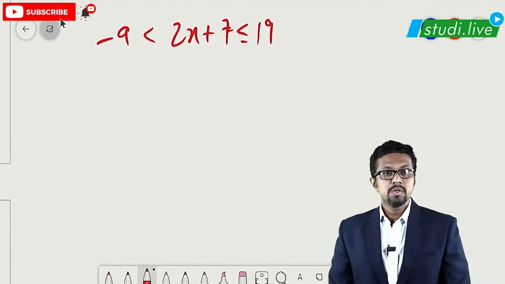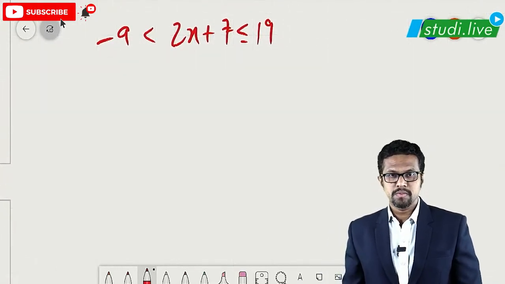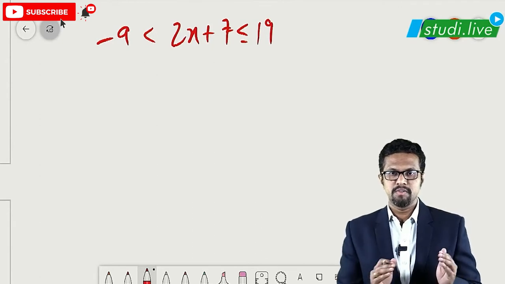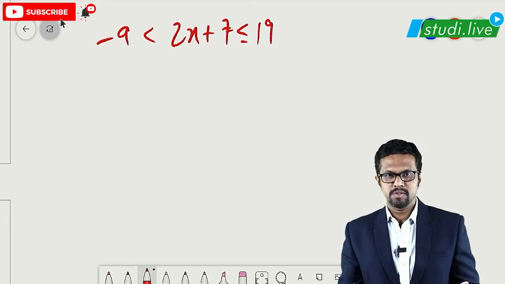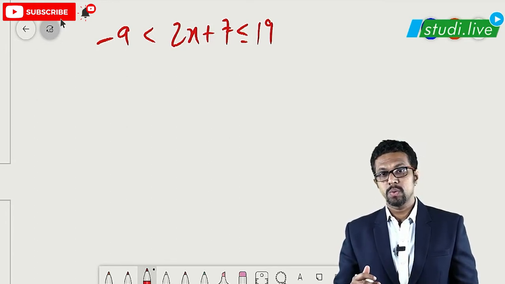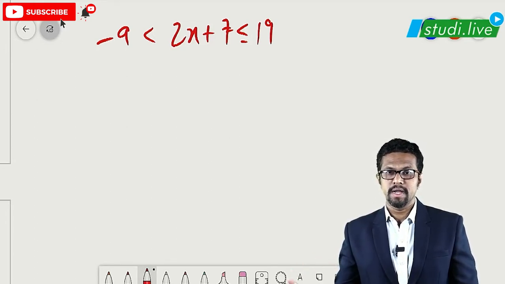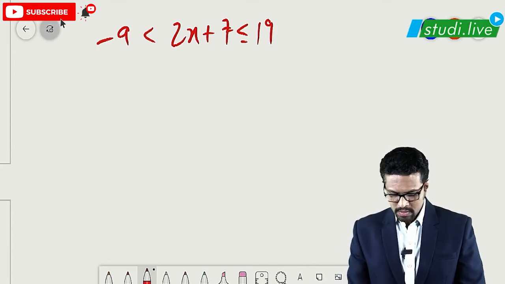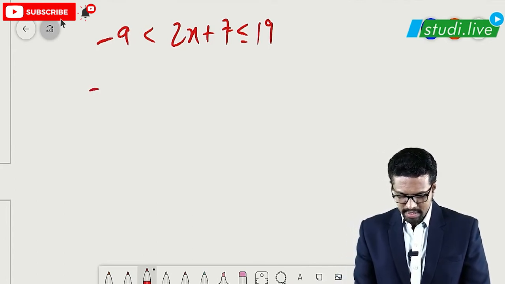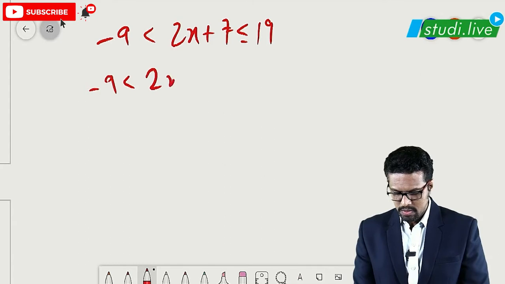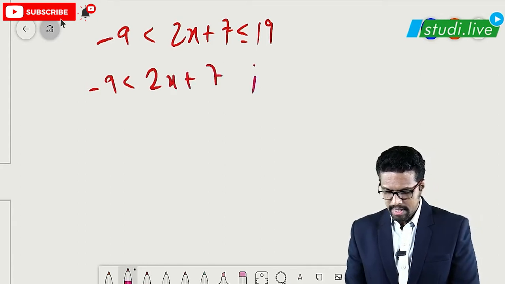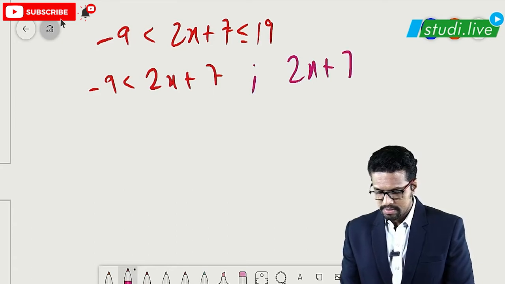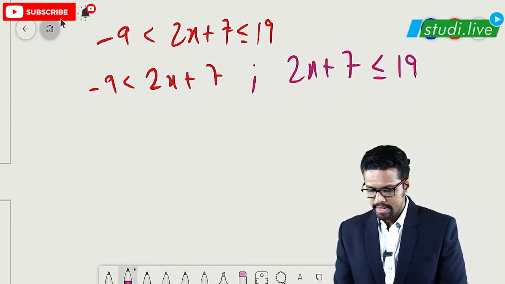Over here what we will do is solve this part by part. We will first of all compare minus 9 with 2x plus 7 and find the values of x, and then we will compare 2x plus 7 to 19 and get the values of x. So I can write it as minus 9 is less than 2x plus 7 and 2x plus 7 is less than or equal to 19.